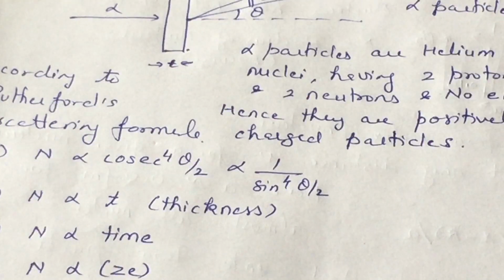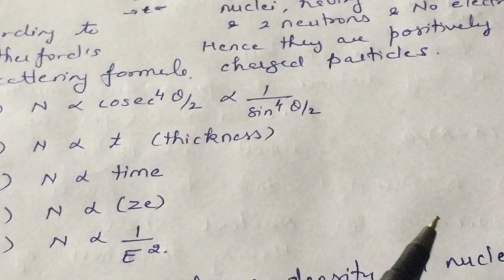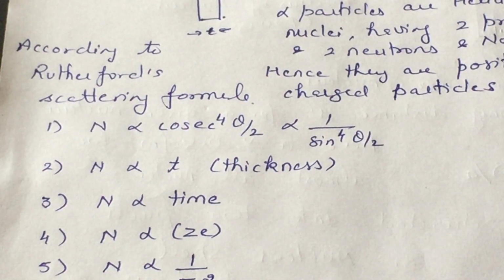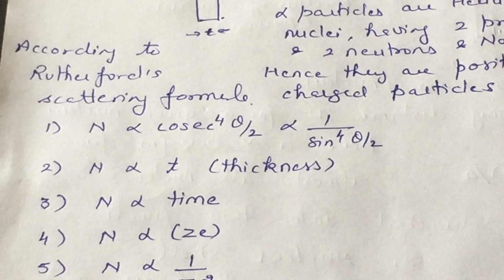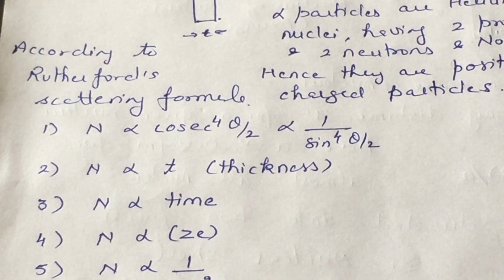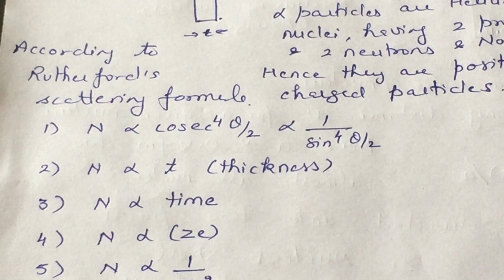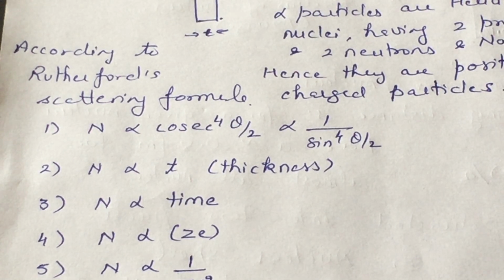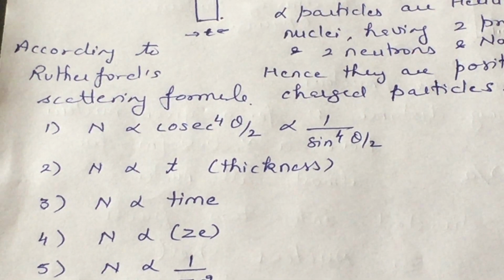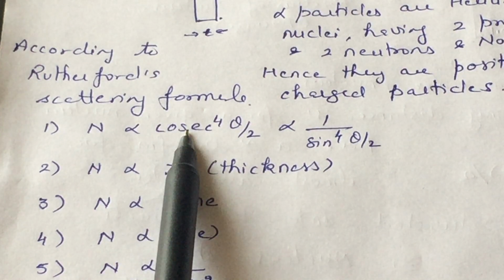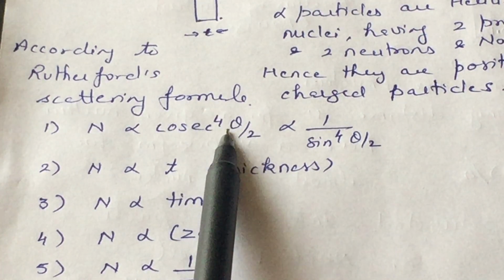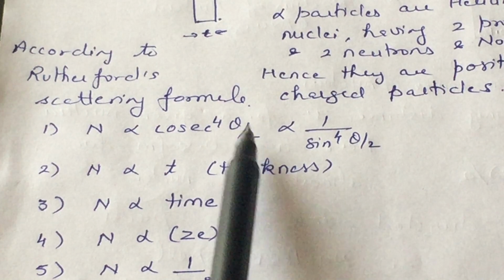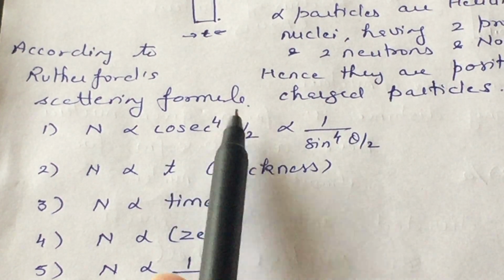According to the calculations of the Rutherford scattering, a formula is obtained where the number of scattered particles in the angle between theta to theta plus d theta is found to be directly proportional to cosecant raised to power 4 of theta by 2.